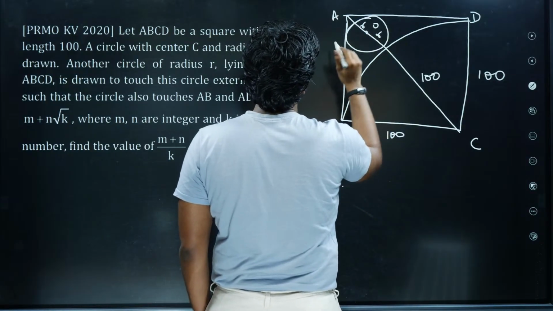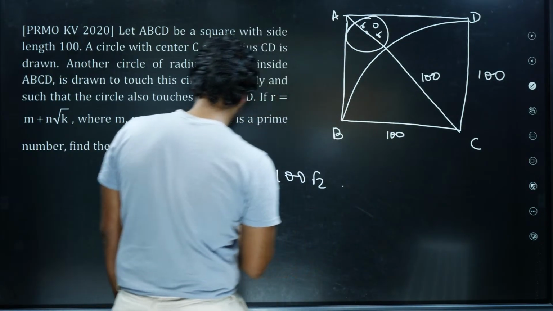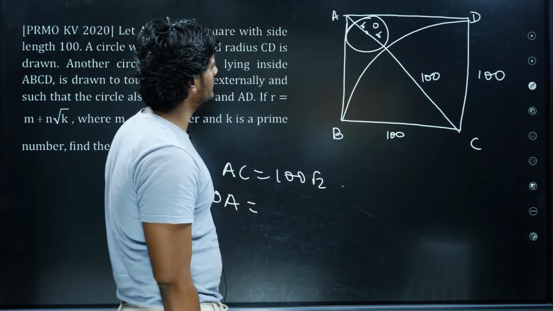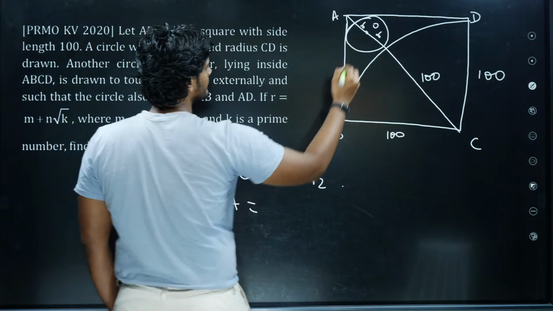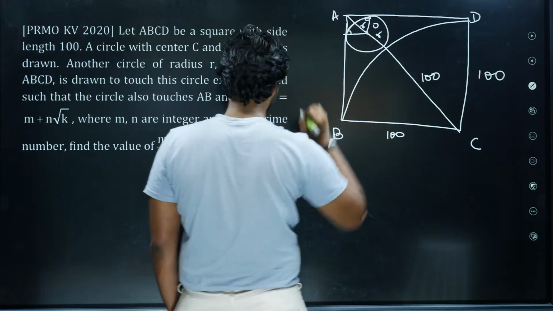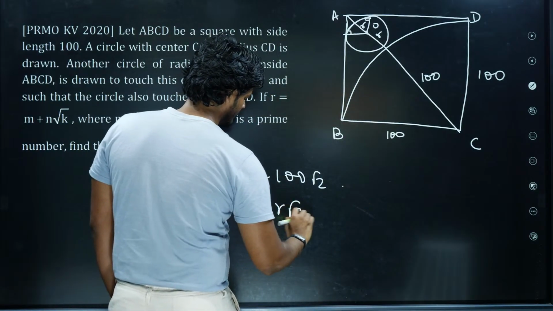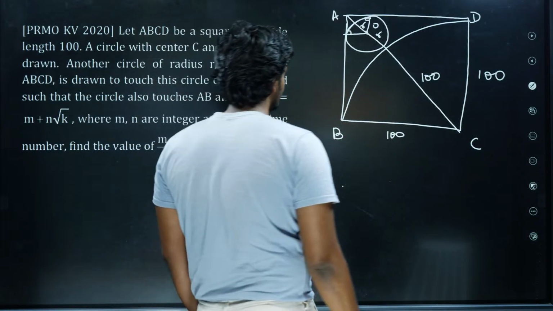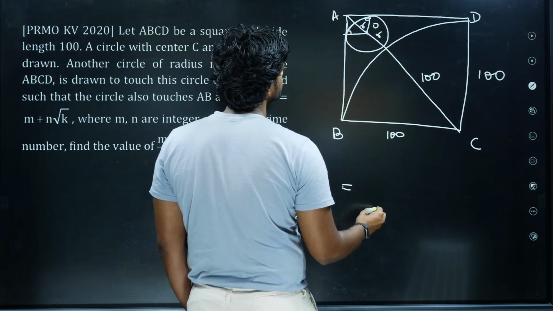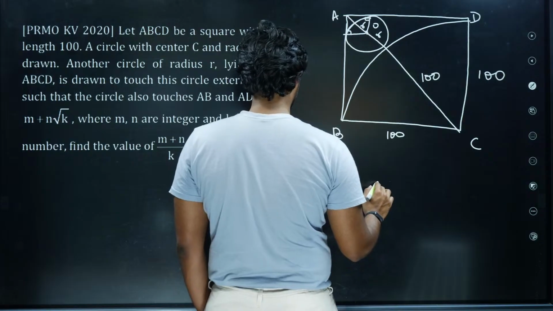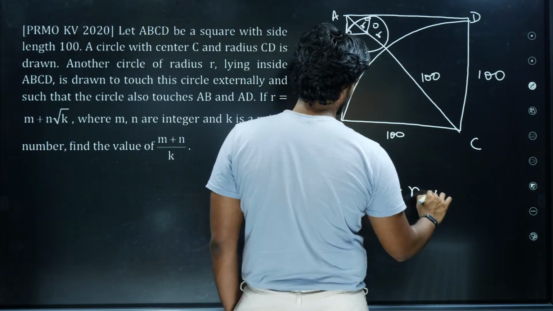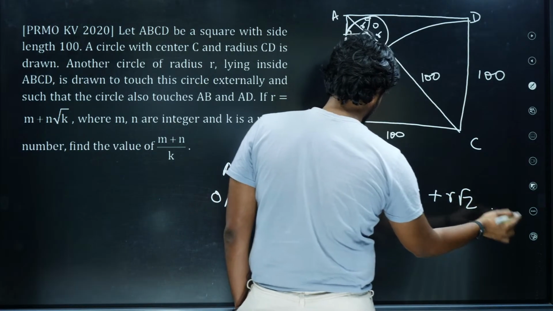Let's say this is O. What is OA? OA is also R root 2, right? Because these two will be touching there. So OA is equal to R root 2. So basically this is equal to 100 plus R plus R root 2, right?